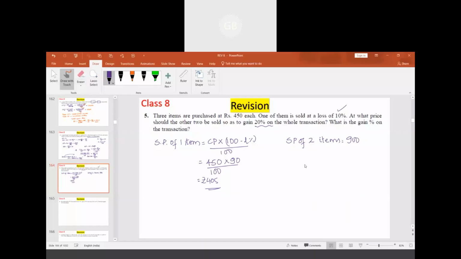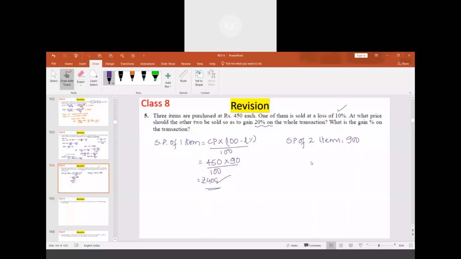Take the SP of one item. We have found it, 405. The SP of the remaining two items we need to find.